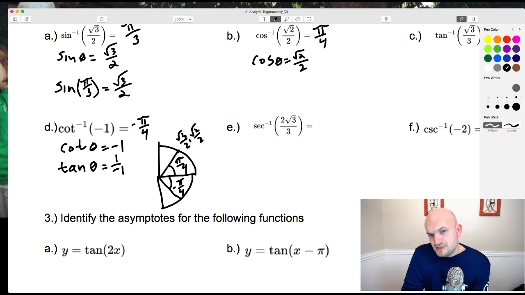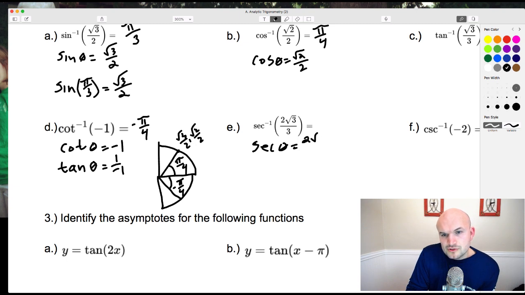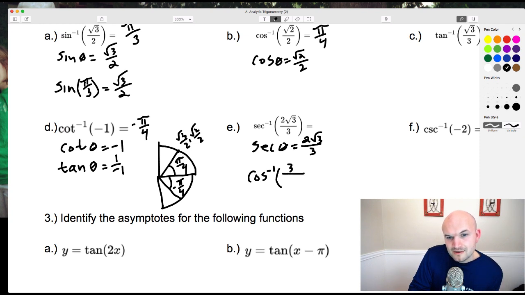Now, this one doesn't look that much fun at all. If I take the secant of what angle equals 2 square root of 3 over 3. Well, another way of writing this, rather than writing cosine of theta equals 1 over this, I could just reciprocate this. I could say cosine inverse of, and just reciprocate it right here, 3 over 2 square root of 3.